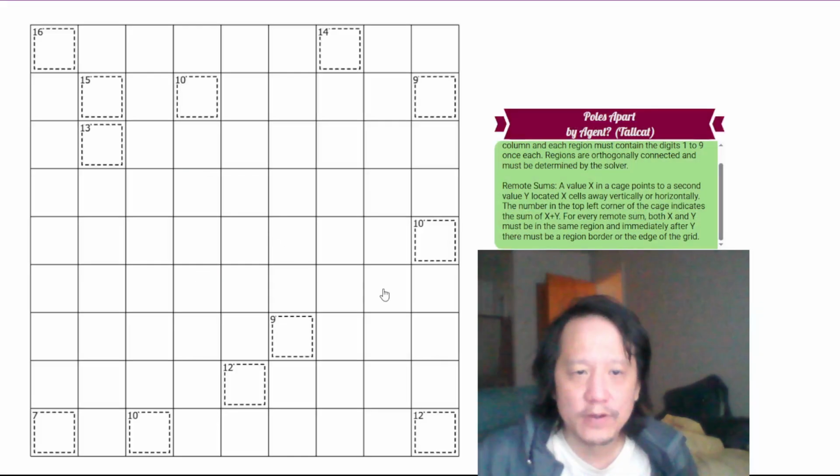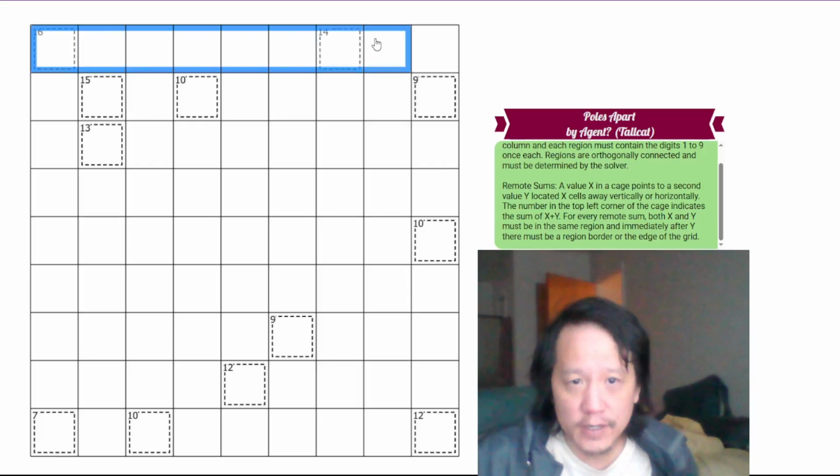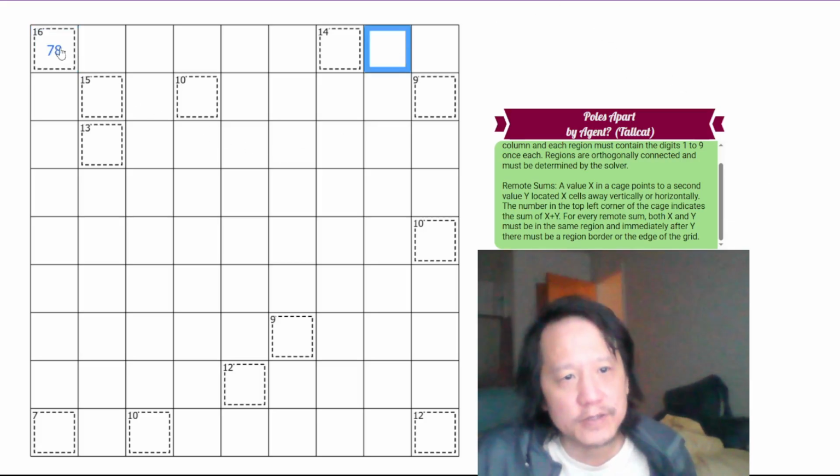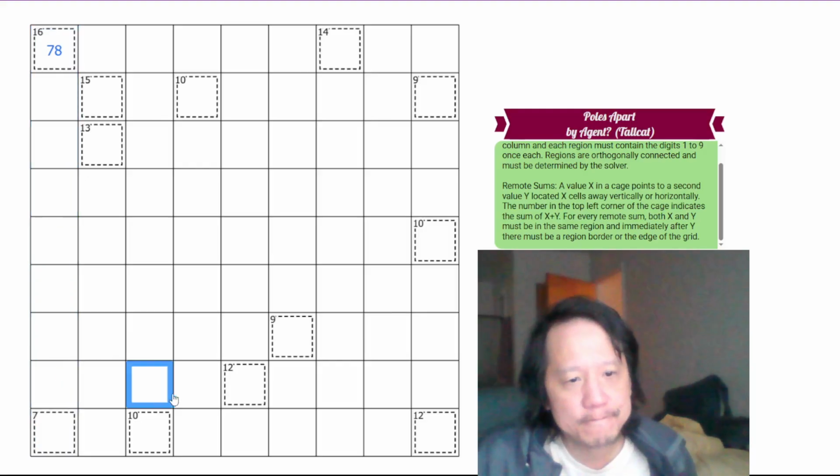Let's go. Okay, first things first, we have a 16 here. None of the digits in these cages can ever contain a 9. This cannot be 9 away, and it could be 7 or 8. And then you could have 8 or 9 going this way or this way.